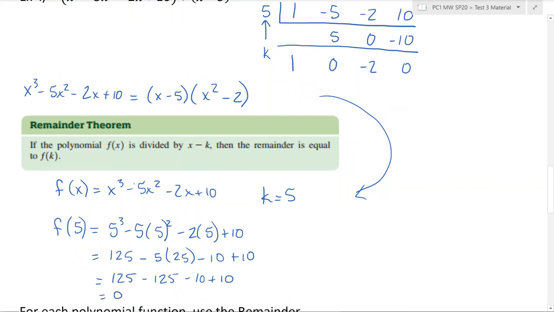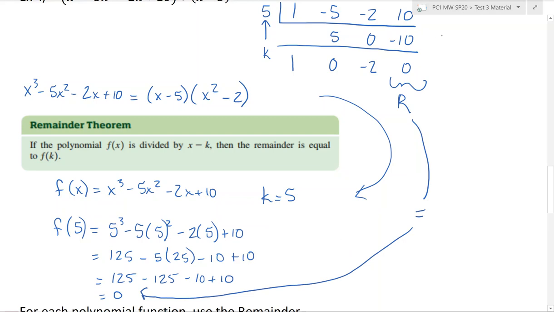Let's read through the theorem again. It says if the polynomial f of x is divided by x minus k, which is what we did here, then the remainder, this guy here, is equal to f of k. Those are the same.